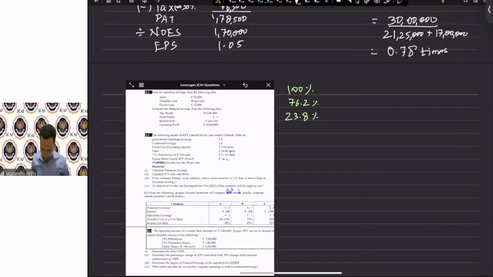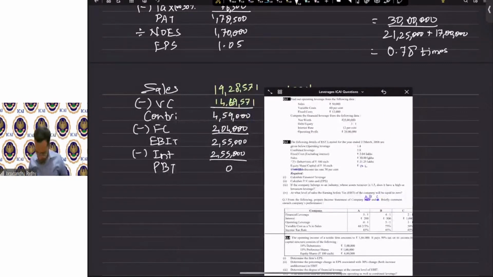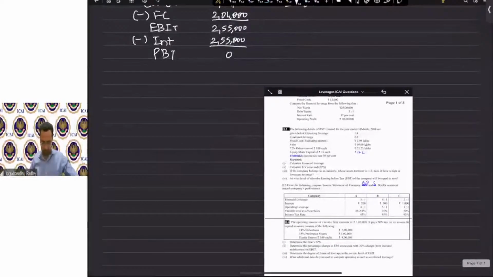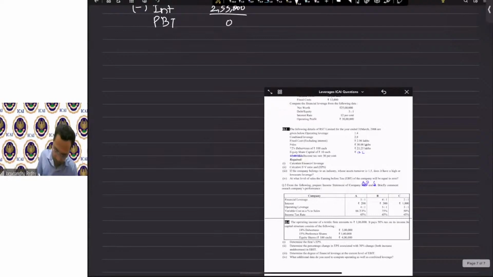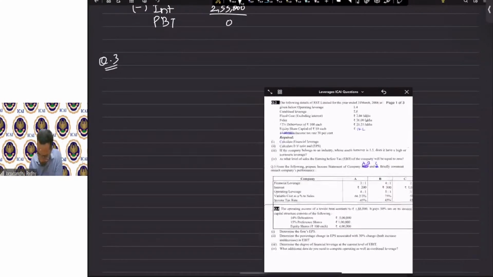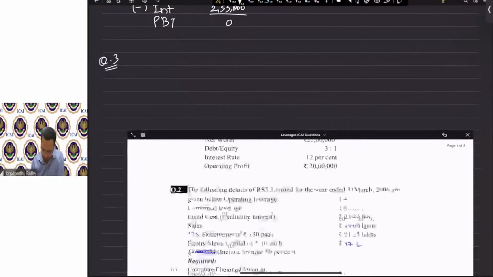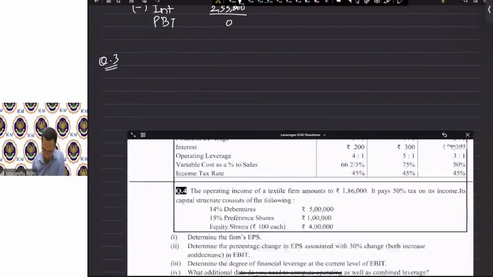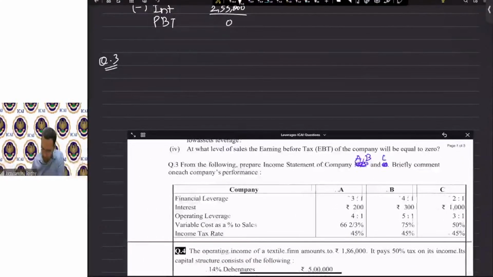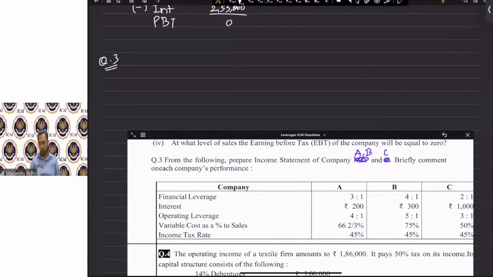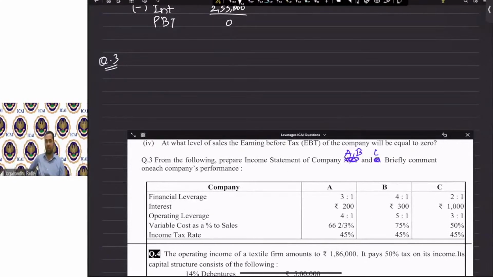Okay. Then let's go for question number three, guys. Proceed with question three. Again, an interesting question. From the following, prepare income statement of the company. PBT is zero, no?